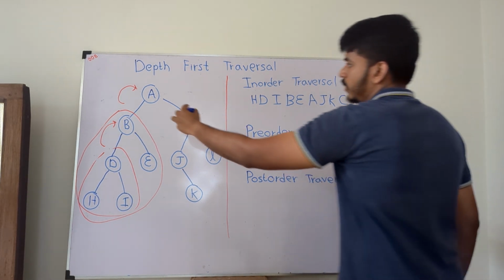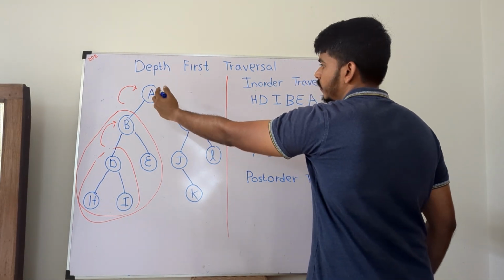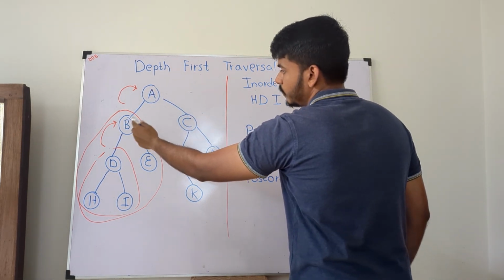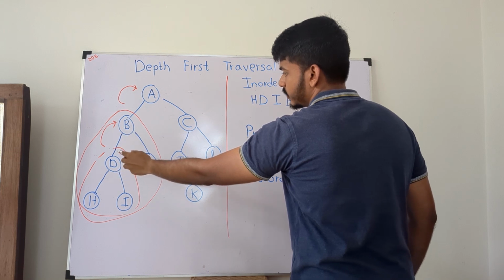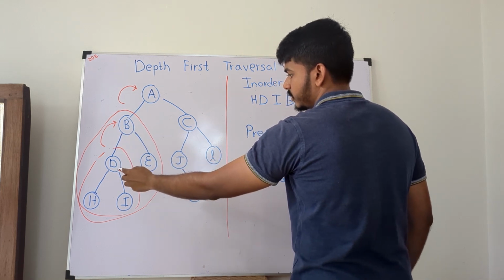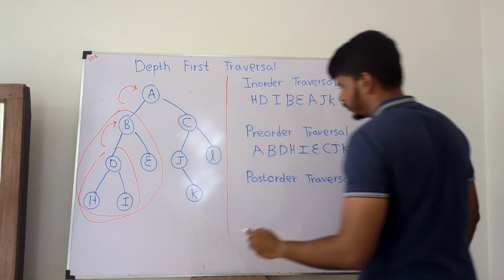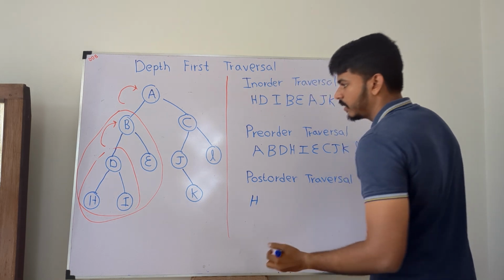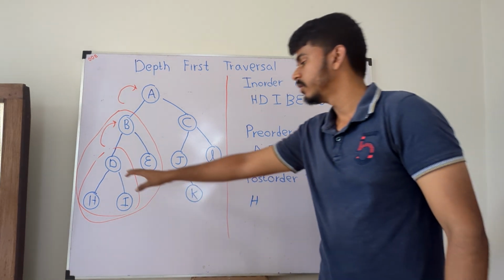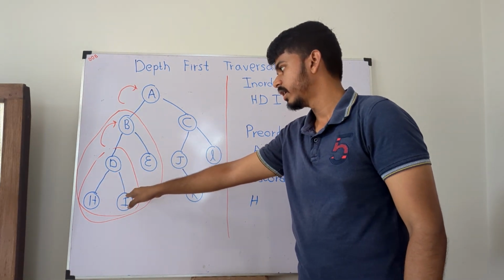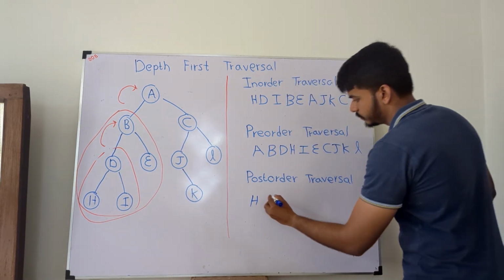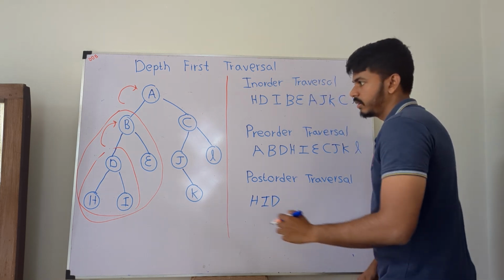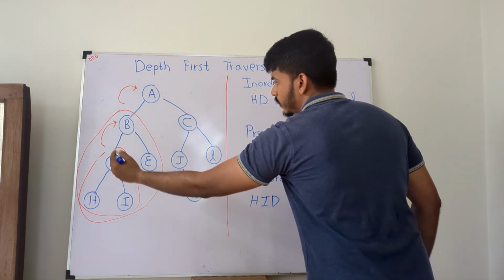So for the node A, the left subtree is B. We are going to move into B. B's left child is D. D has a left child which is H. So we are going to be starting with H. And after that, before writing the node, we are going to move to the right child which is I. Then the node D. That subtree is done.